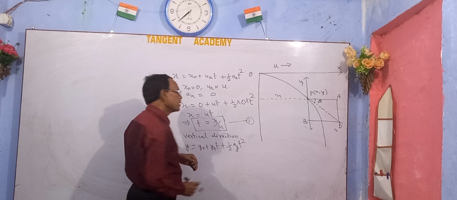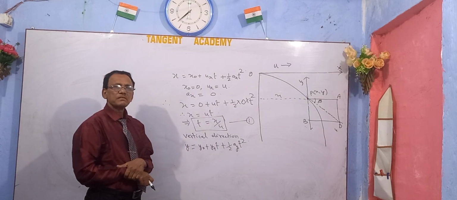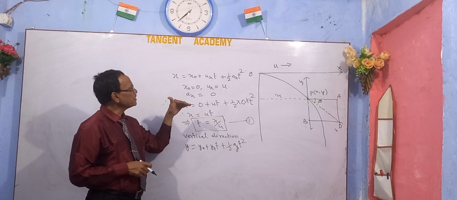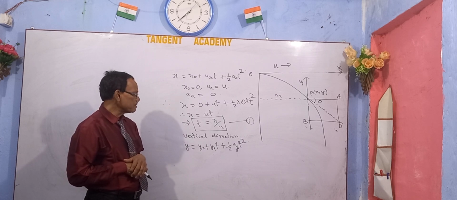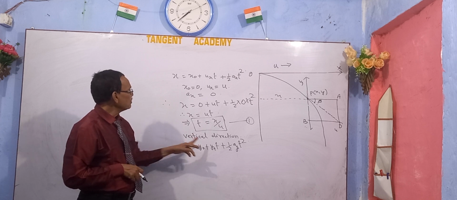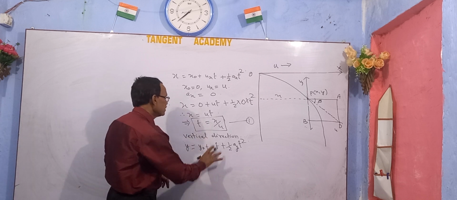Ay means acceleration in vertical motion. uyt means distance traveled in uyt.